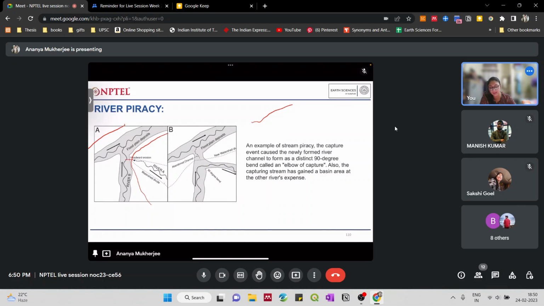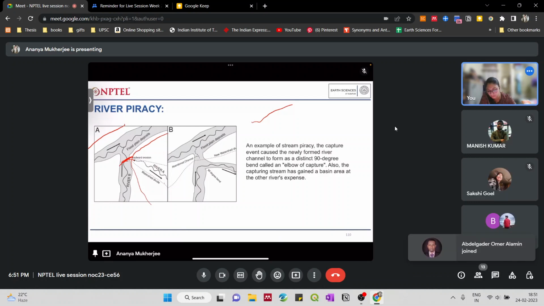Since this is flowing in this direction, the watershed divide gets eroded and the rivers meet over here. River A will capture river B, and this will get cut off over here. River B will no longer flow in this river.